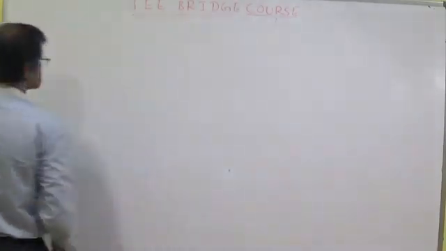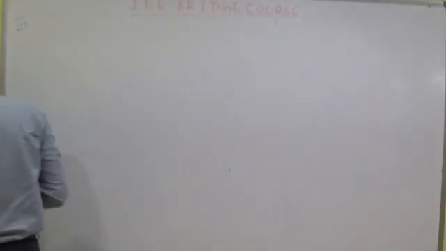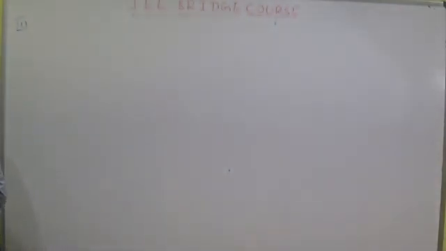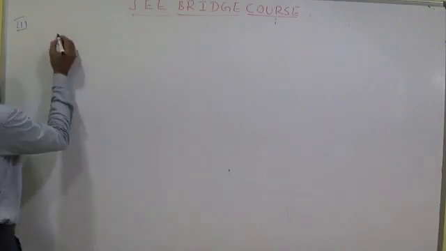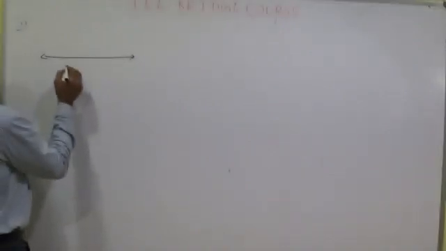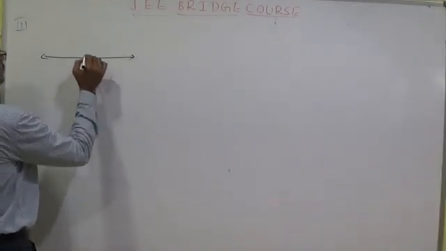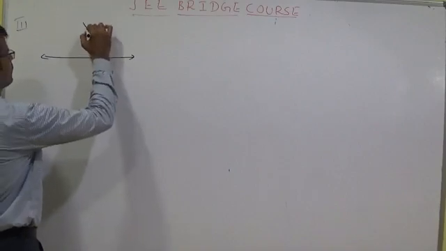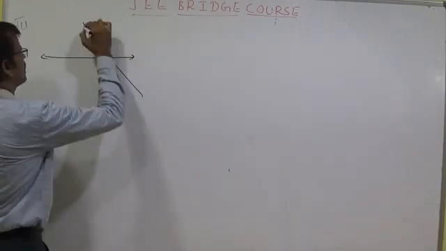Let us discuss about the theory. Roman number 3 you can put. Regarding slopes we can discuss now. Let us draw the diagram like this. And mention a line like this.